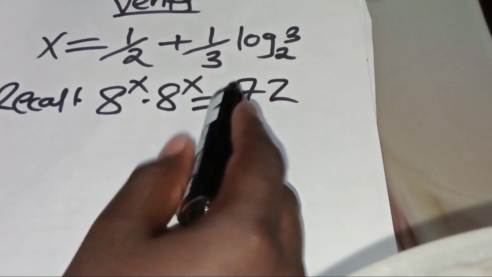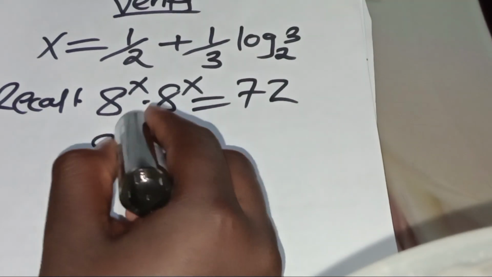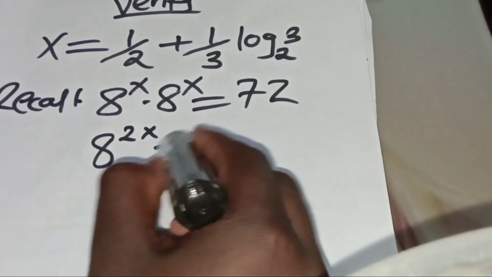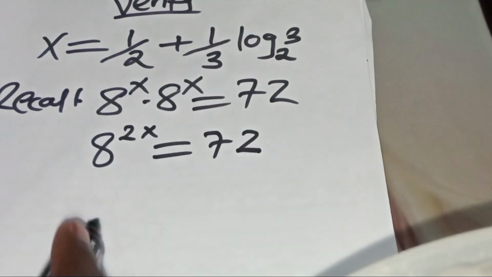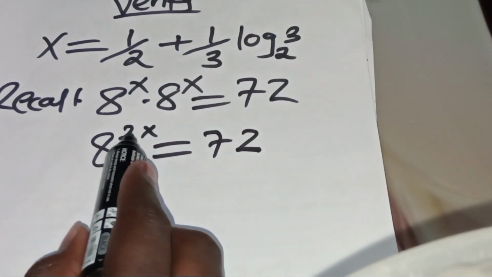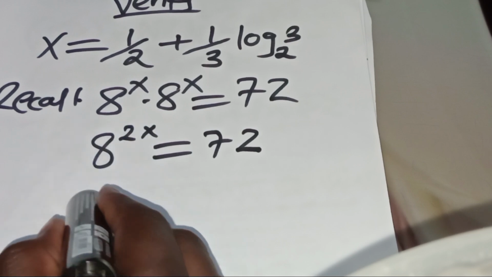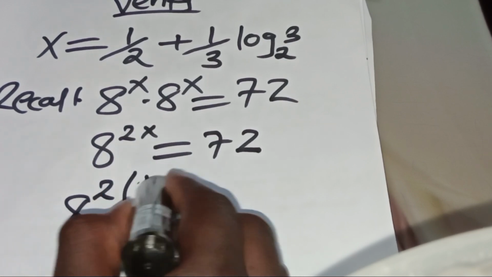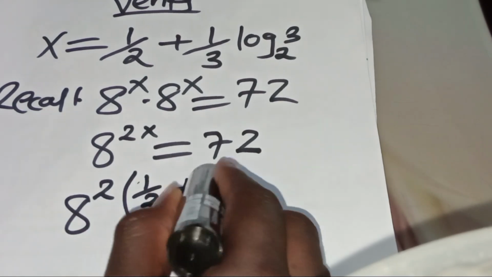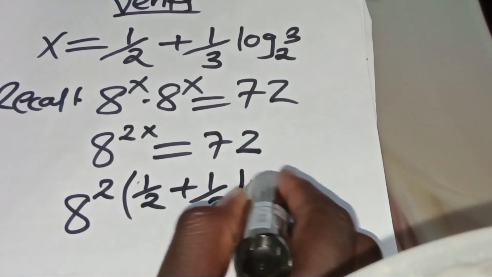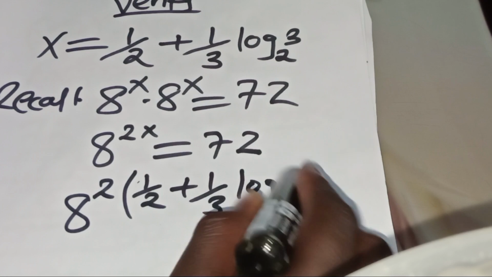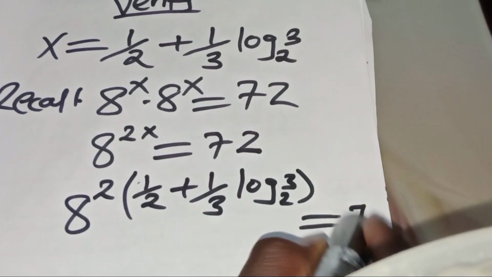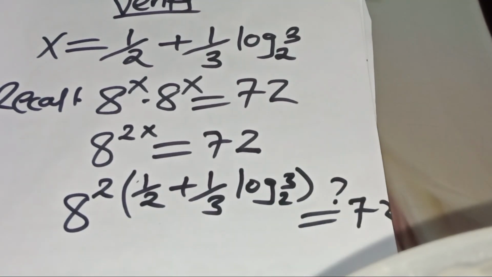We simplify this further to 8 to the power 2x, which should give us 72. Let's substitute the value of x so that we'll have 8 to the power 2 into the parentheses, half plus a third log 3 to base 2. This should give us a value of 72. Let's check if this is true.